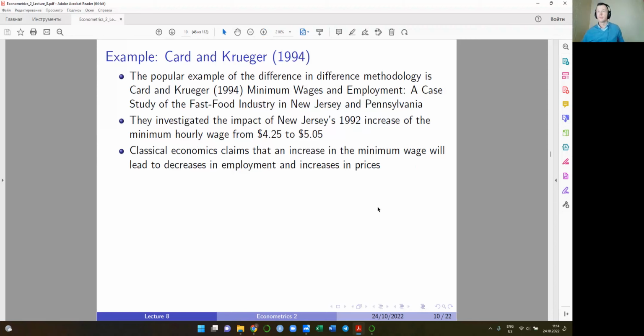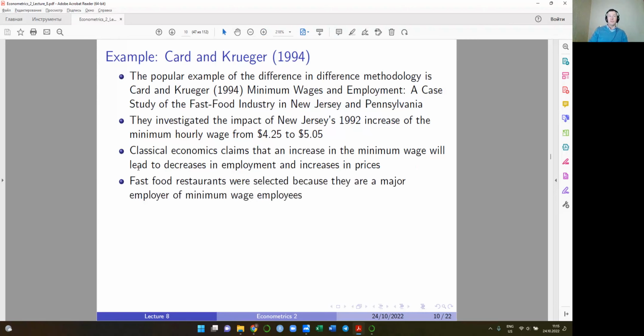As usual, applied econometrics wants to test some economic theories in an empirical setting. So they selected a sample of fast food restaurants, because these firms are the major employers of minimum wage workers in the US.